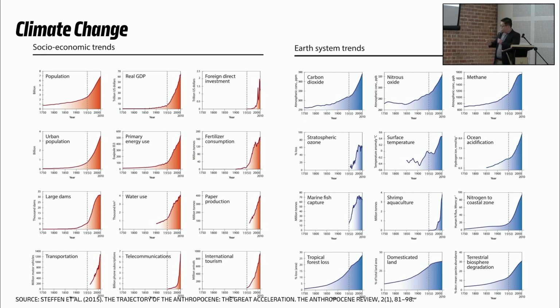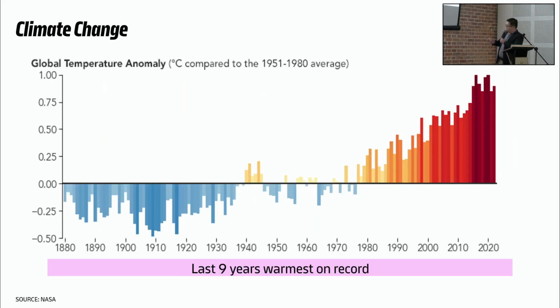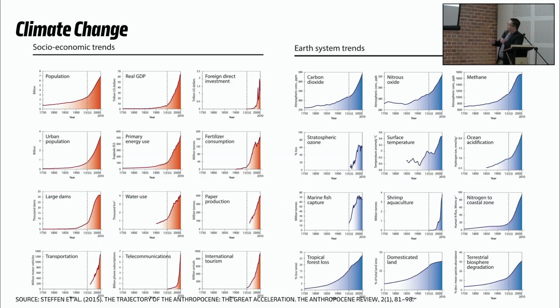The same goes to, oh, where's the pointer? Okay, here. This is the real GDP. Okay, use of energy, there's a big spike. Okay, water use, paper production, and all that. So all that are experiencing a big spike starting in the 1950s.